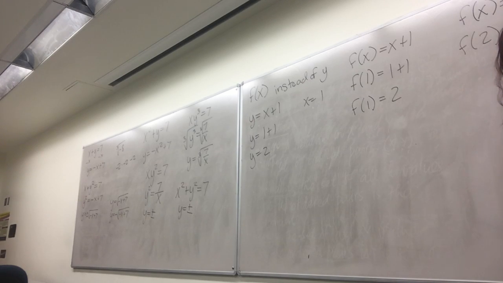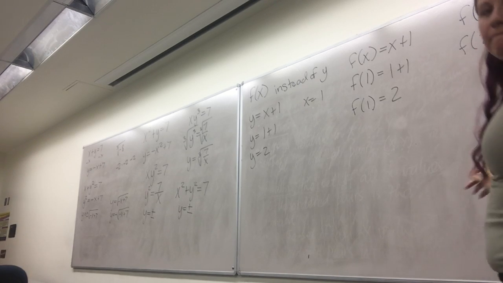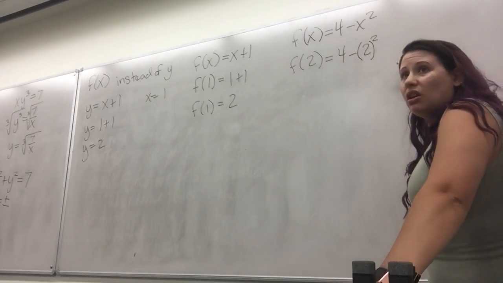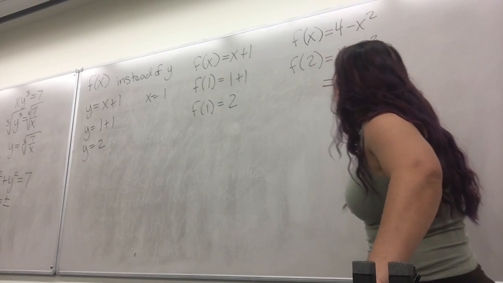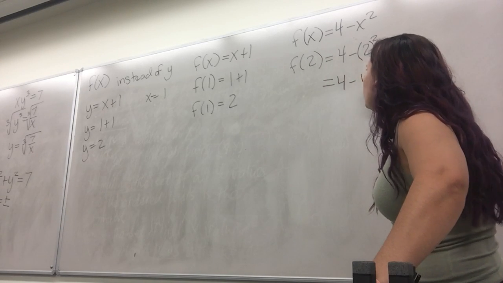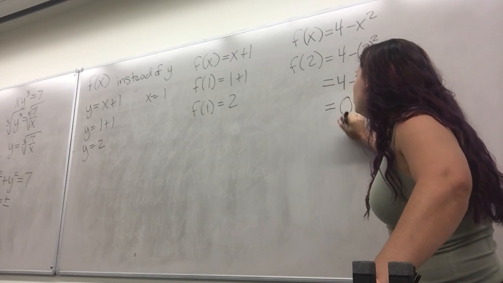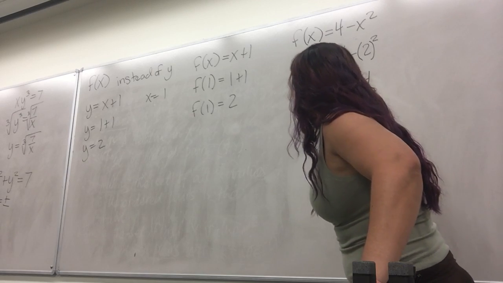So we get 4 minus 2 squared, right? Wherever the x is, you're replacing it with that value, or whatever is inside here. Then we just simplify. What do we get? 4 minus 4 is equal to 0. So f of 2 equals 0.